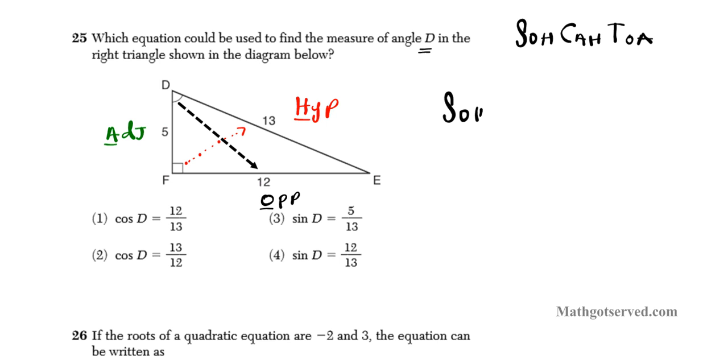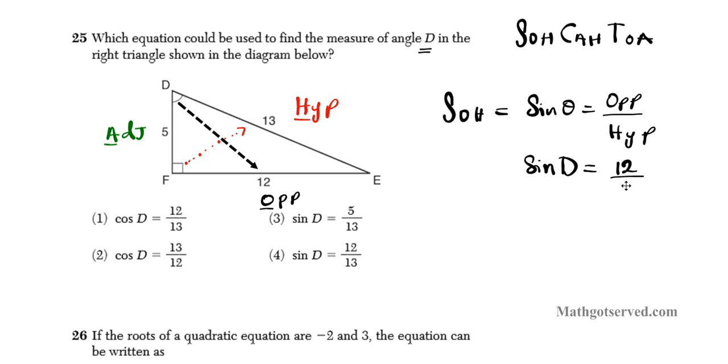Sine is SOH. What does SOH mean? SOH means that sine of the angle theta is opposite over hypotenuse. Okay, so in this case, sine of D, the angle under consideration, is the opposite, which is 12, over the hypotenuse, which is 13. So the question is, do we have this ratio present here? Absolutely. Option number 4 is our correct answer.